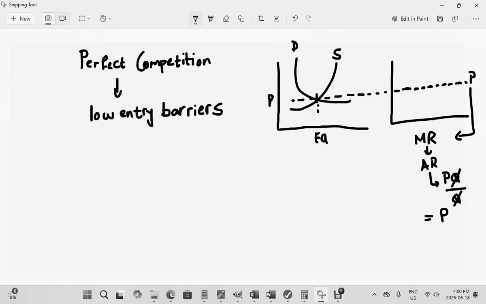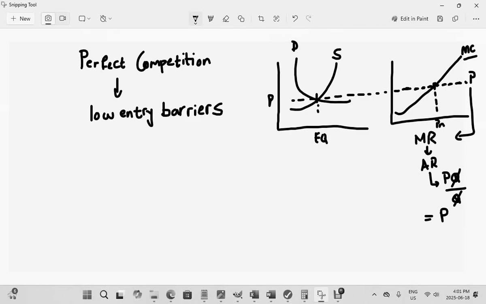Now if this is the price, where's the marginal cost? The marginal cost will be an upward sloping line, somewhere over here, for example. So this is your marginal cost. Right where marginal cost meets price, as well as marginal revenue, this will be your profit maximization point.